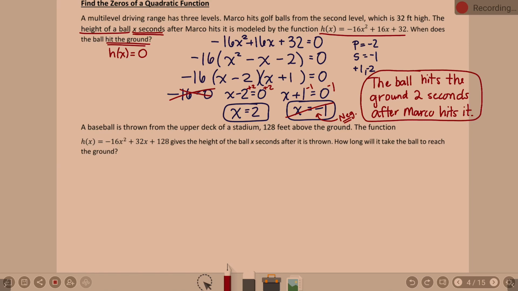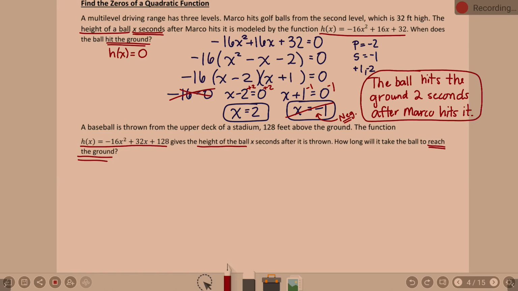Now, with this in mind, we're given a function, h of x, and that represents the height of the ball x seconds after it is thrown. How long will it take the ball to reach the ground? What are we thinking here? When will the ball reach the ground? When what is true of the height?